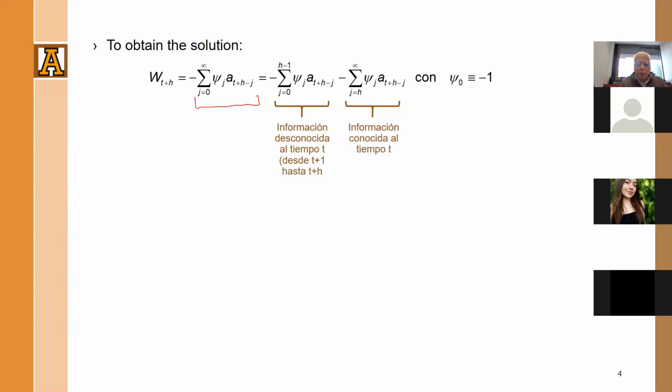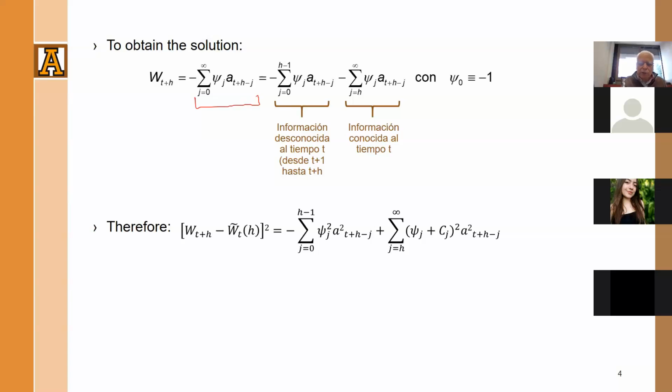Now, why do we do this? Because we want to express the expression that we want to minimize: W_{t+h}, which is what we will observe at time t+h, minus its estimate, which is a linear combination of the a_t's. And I split that as these two terms.